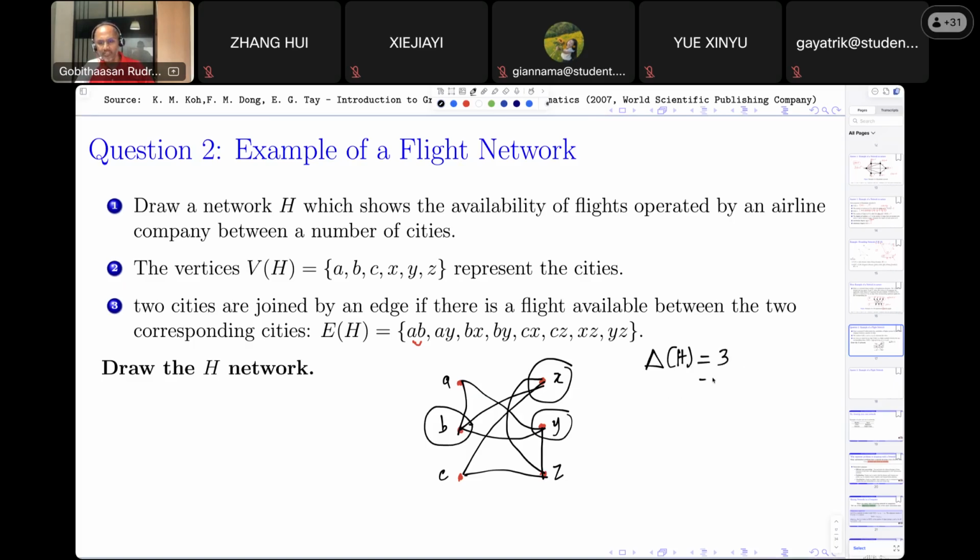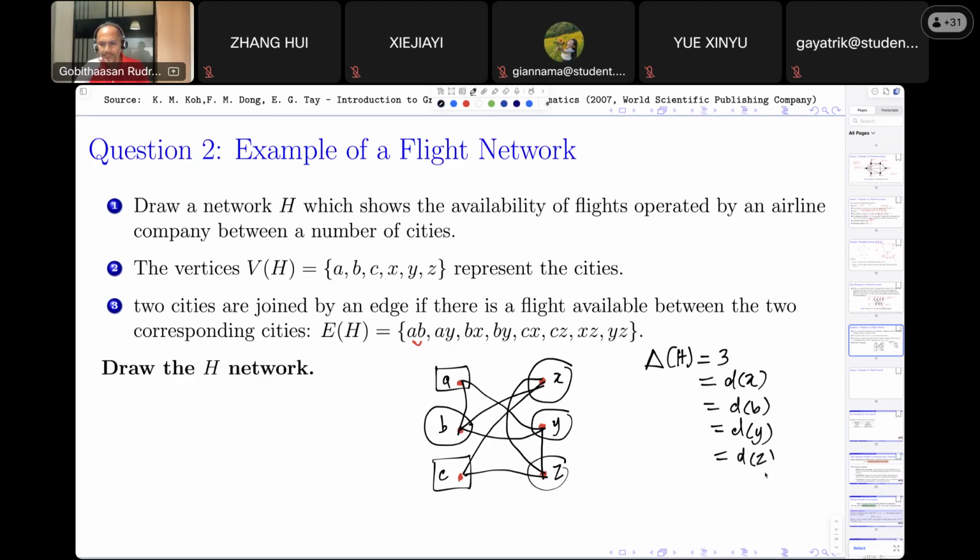Again, those having the highest degree would be X, B, and Y, right? And then the lowest degree would be 2. Or maybe I draw a different shape. A, C, or even Z having 3.